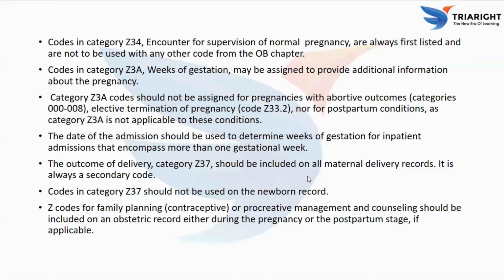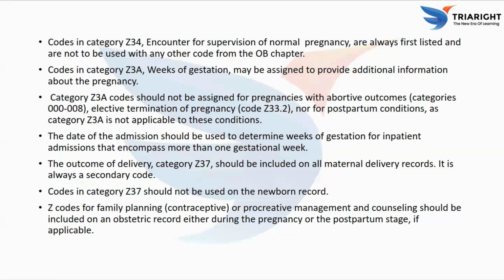Z37 code, what is Z37? Outcome of delivery. This Z37 is used to describe how the delivery ended, whether it is a single live birth, twins, a stillbirth, etc. What are the key rules here? It must be reported on all maternal delivery records. It is always a secondary code.